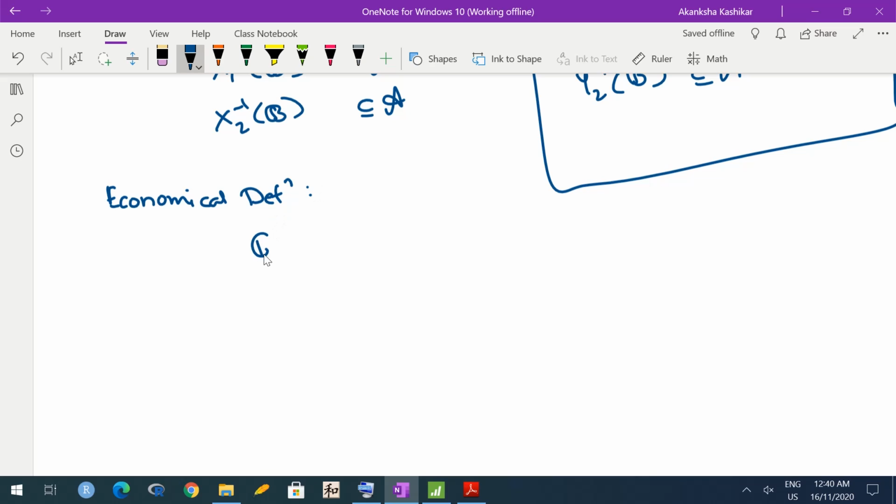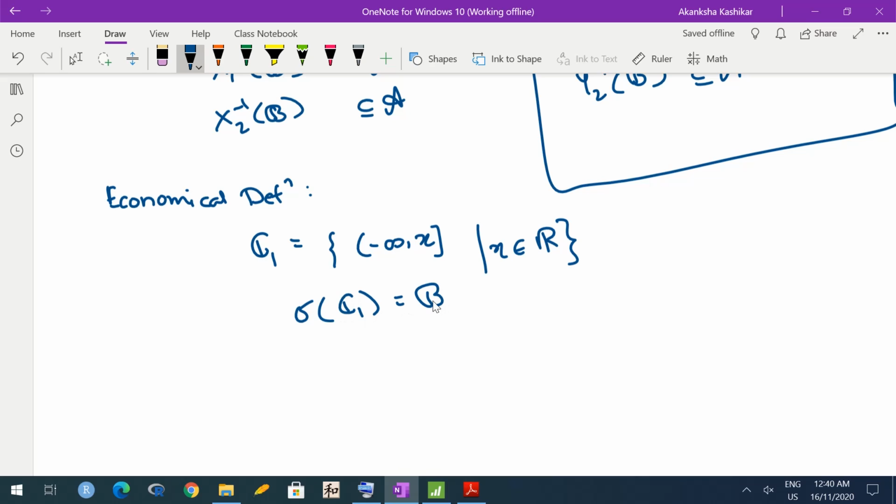For example, it can be any class of intervals, say intervals of the type minus infinity to x, where x is in R. We know that sigma of C1 is script B. Hence, if we can prove that the inverse image of every set in C1 is in script A, then we can conclude that the inverse image of every Borel set is also in script A. This is what the economical definition of random variable says.